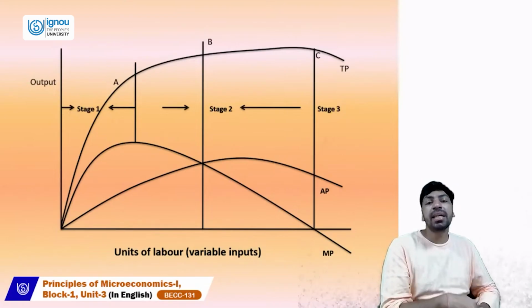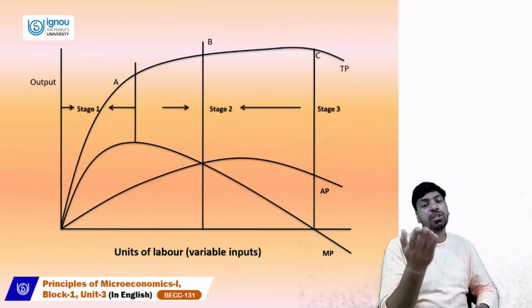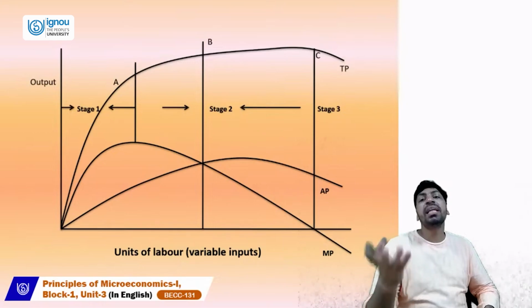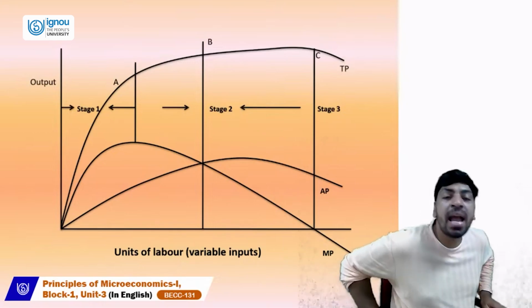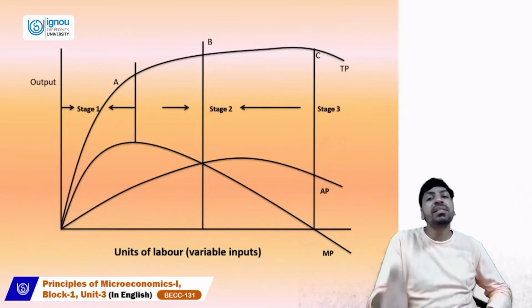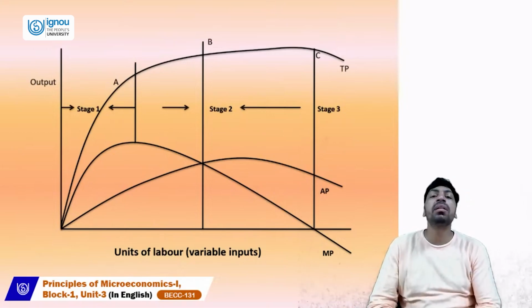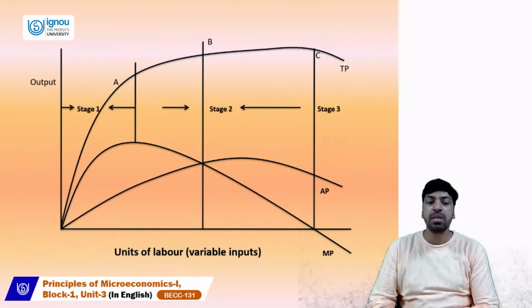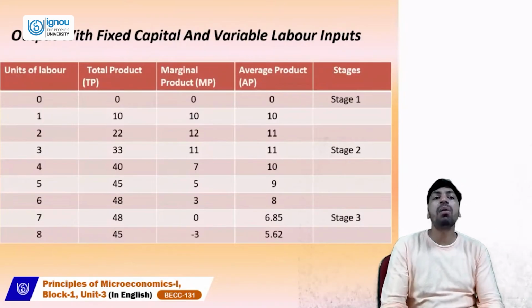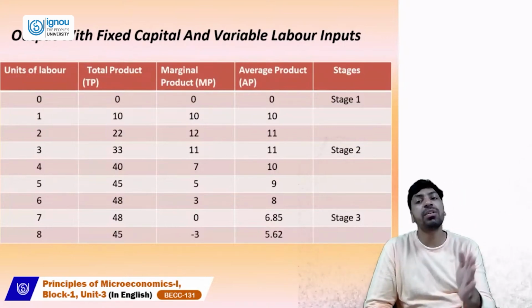After reaching a certain point, the level of output will become constant, which is shown at point B. Then at the last, the level of output decreases at a decreasing rate, and that is point C, and that's called the law of variable proportion. So this is a diagrammatic representation. But when we talk about the tabulated representation, this is a way to show it.